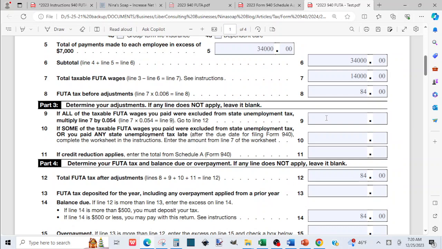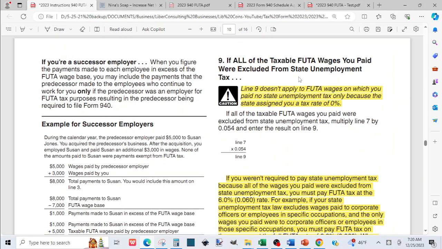This line 9 says that if all your taxable FUTA wages you pay were excluded from state unemployment tax, multiply line 7 by 0.054. Then the instruction says line 9 does not apply to FUTA wages on which you pay no state unemployment tax only because the state assigned you a tax rate of 0.